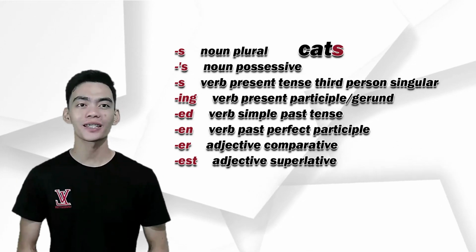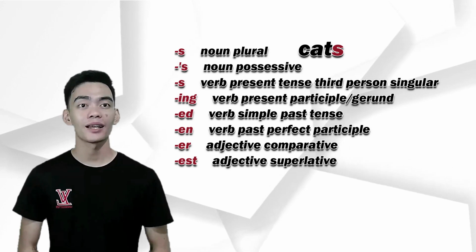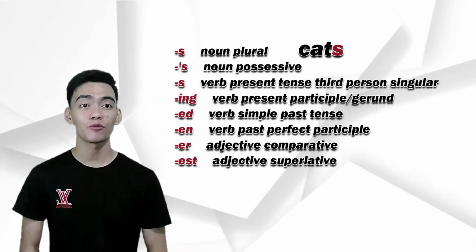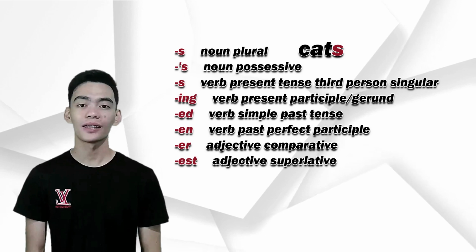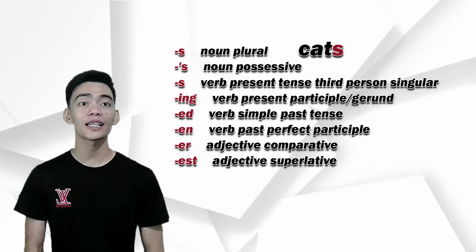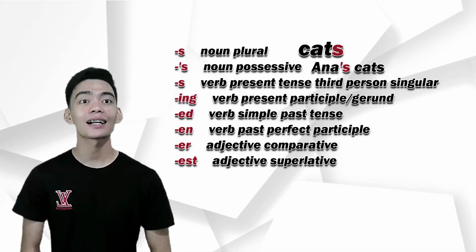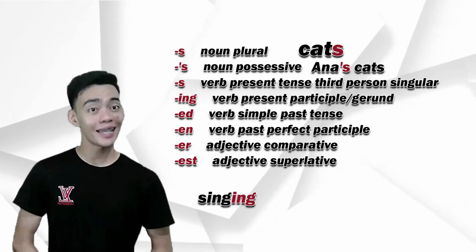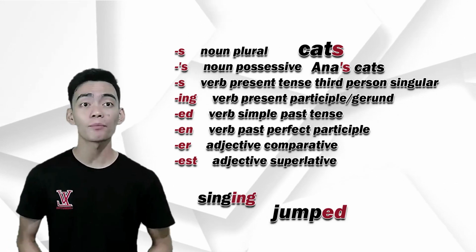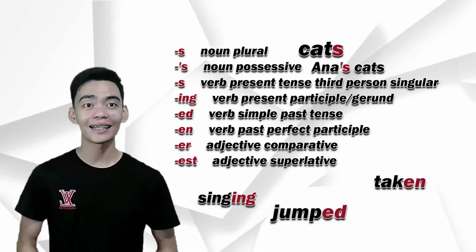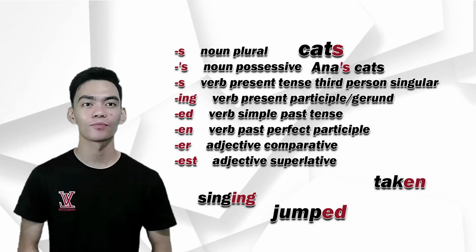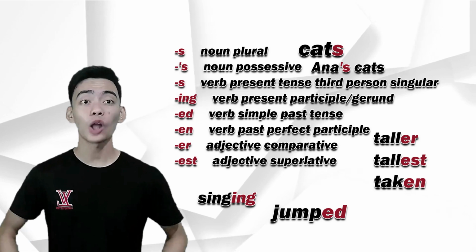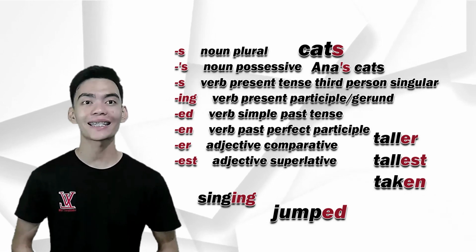For instance, cat plus suffix s will be cats. The other one, we have noun possessive, as in cat's. The other would be sing, singing; jump, jumped; take, taken; tall, taller, tallest. So that is morphology.